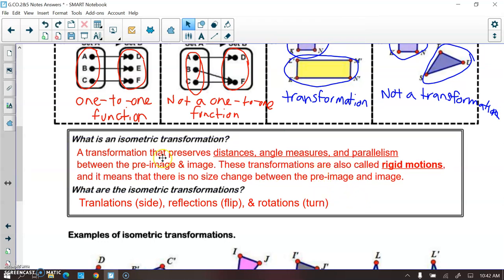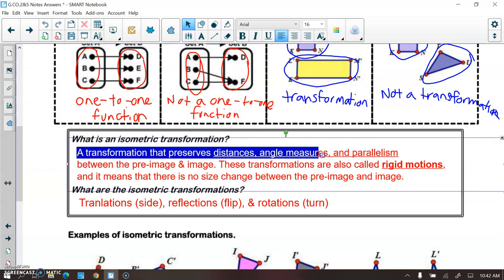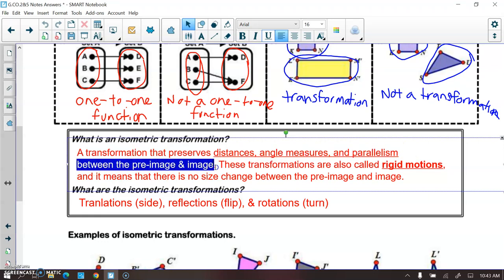Rigid motion transformations, or isometric transformations, are transformations that preserve distances, angle measures, and parallelism between the pre-image and the image. And we are going to learn what each of those things mean in a little bit.